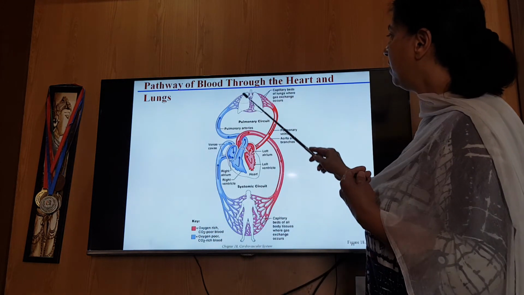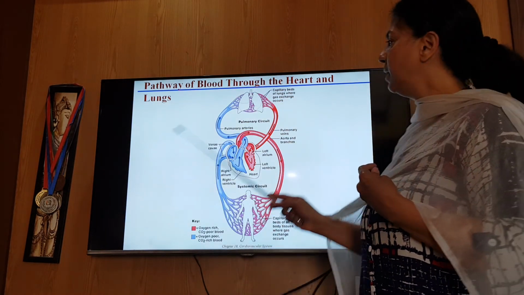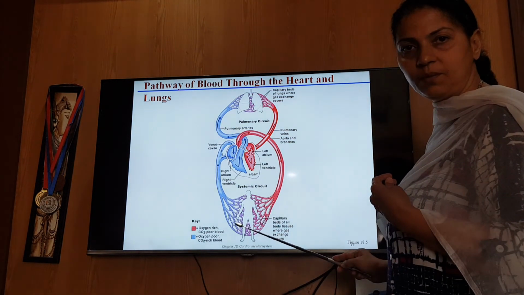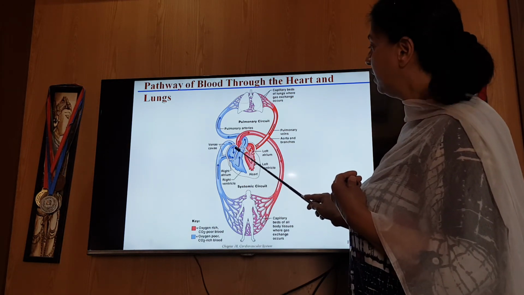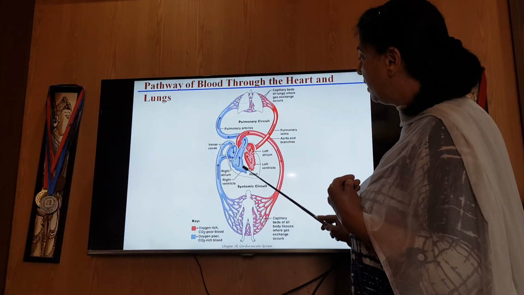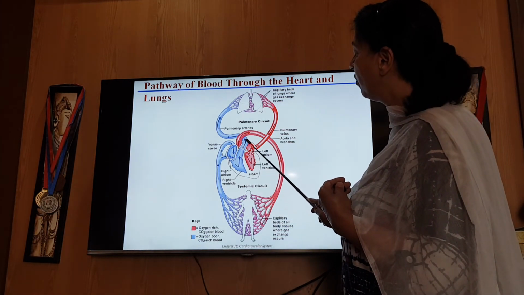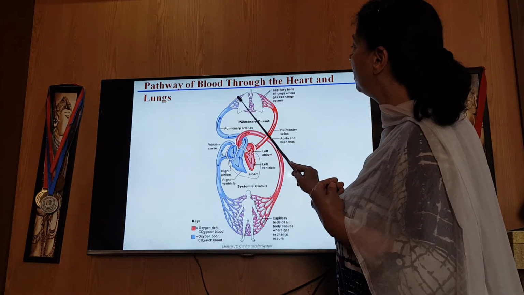Now here you can see everything marked in blue is containing the deoxygenated blood, the red is containing oxygenated blood. This is the right side of the heart. Right atria is receiving all the deoxygenated blood. Right ventricle is sending off the blood for oxygenation through the pulmonary trunk to the lungs.